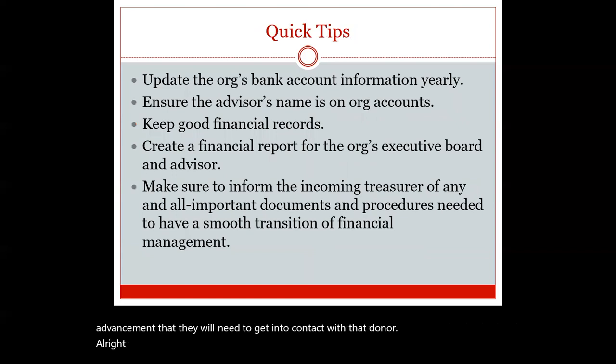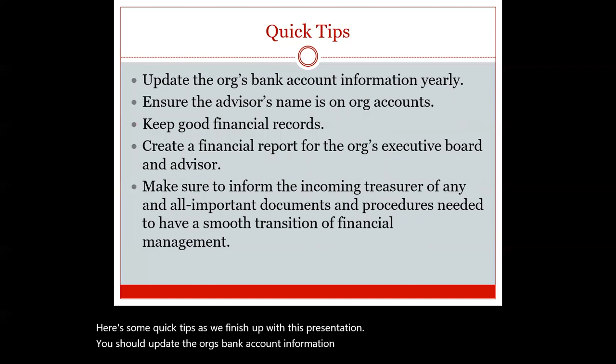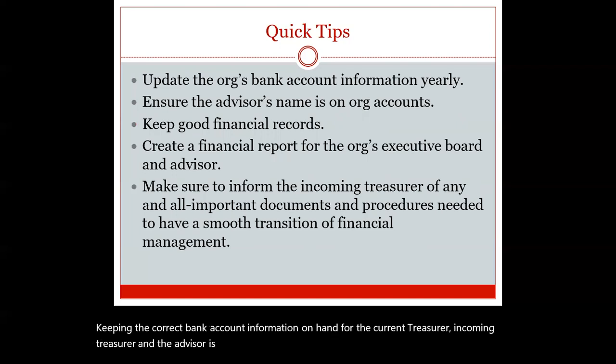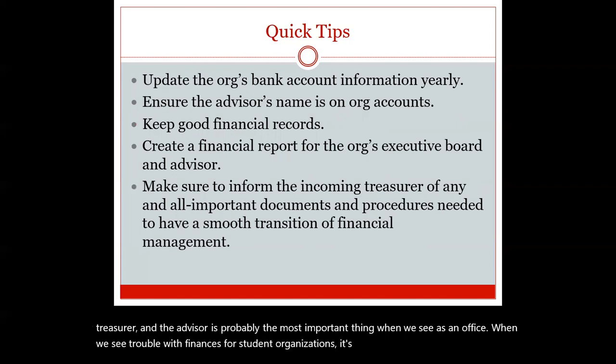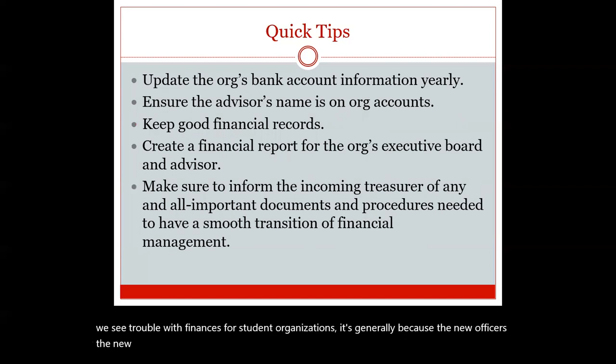All right. Here are some quick tips as we finish up with this presentation. You should update the org's bank account information yearly. Keeping the correct bank account information on hand for the current treasurer, incoming treasurer, and the advisor is probably the most important thing. When we see, as an office, trouble with finances for student organizations, it's generally because the new officers, the new treasurer, has no way to access the current bank account because the proper transition did not happen.